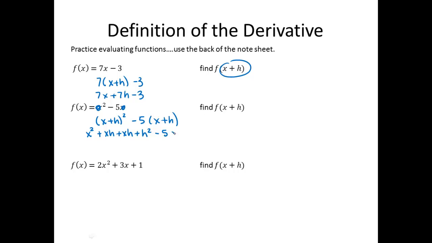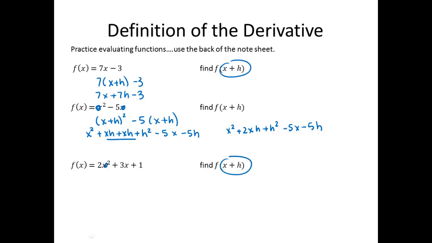Okay, and then I will distribute that 5x, or that negative 5. And next I'm going to collect like terms. The only like terms I have are x plus h, or xh, giving me x squared plus 2xh plus h squared minus 5x minus 5h.